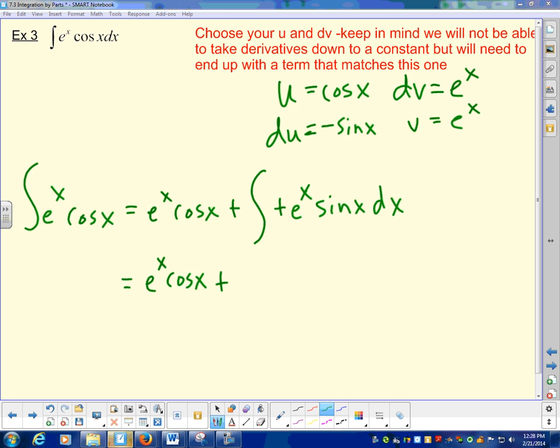If we're going to go with the same theme, making the trig function the u and the exponential function the dv, my next iteration would look like this. u would equal sine of x, and dv would equal e to the x. So du would be cosine of x, and v would equal e to the x.